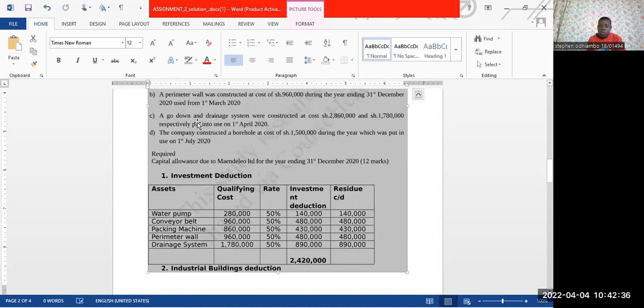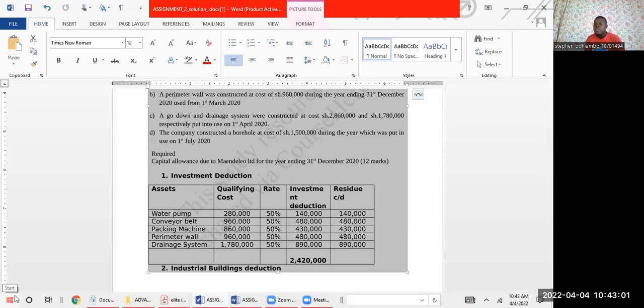A go down and a drainage system were constructed at a cost of 2,860,000 respectively, and put into use on 1st April 2020. So from 1st April, you start counting from 1st April.